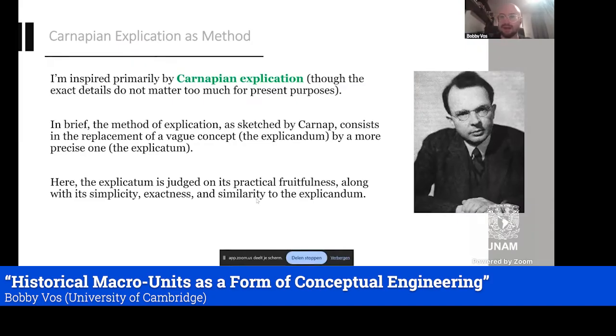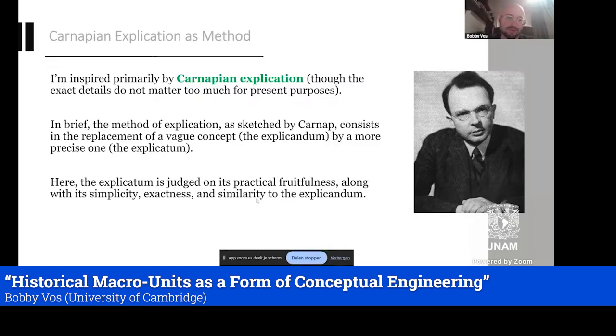So, inspired by a method sketched by Rudolf Carnap in various of his works, the method of explication consists in replacement of a vague concept, the explicandum, by a more precise one, the explicatum. And the explicatum then is appraised in a very pragmatic way. In particular, there are these four standard desiderata that get brought up.